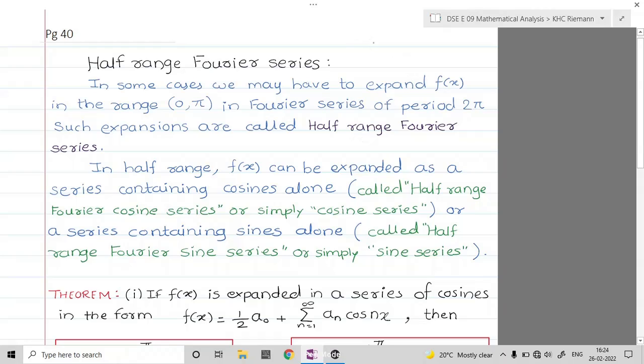So when we consider the interval 0 to 2 pi or minus pi to pi, we are having full range. But sometimes we have to expand our function in the interval 0 to pi by considering period 2 pi. Means our period is 2 pi, but our domain interval 0 to pi is half the length.